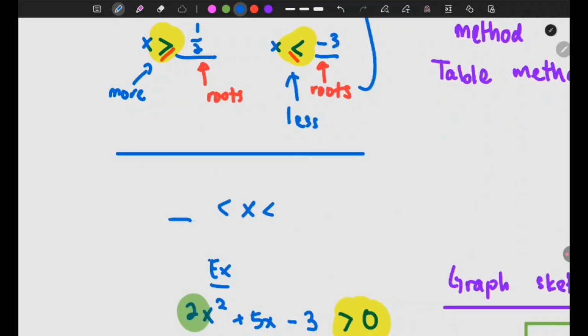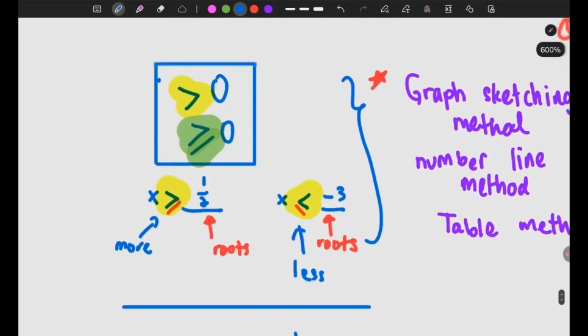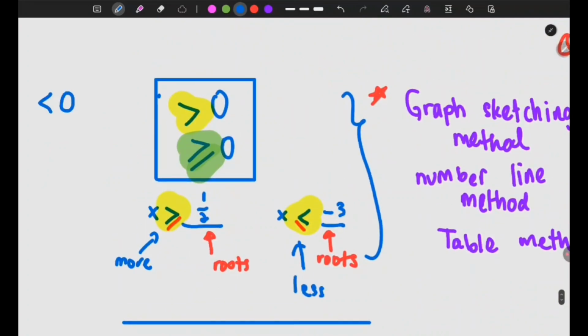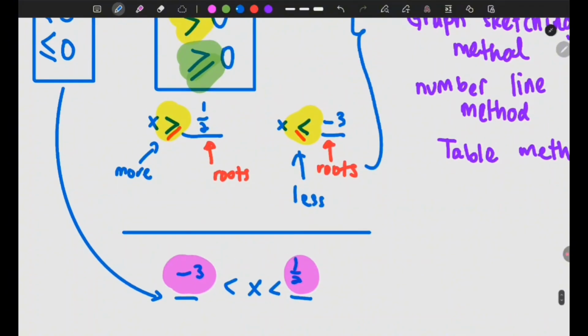But this only happens when the sign is less than 0 or less than or equal to 0. Your answer will be in this pattern. Same, smaller number put at the beginning and bigger number put at this part. And also follow the sign. If you got the equal sign, then you have to add an equal sign here. If no, then no. If got, then put.